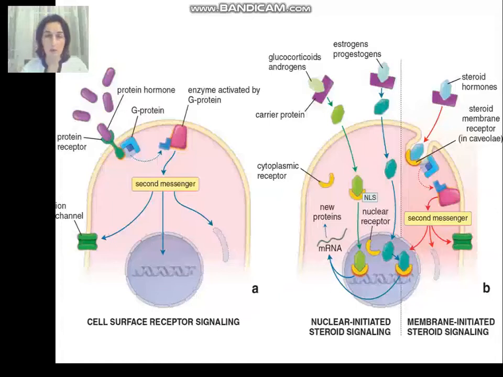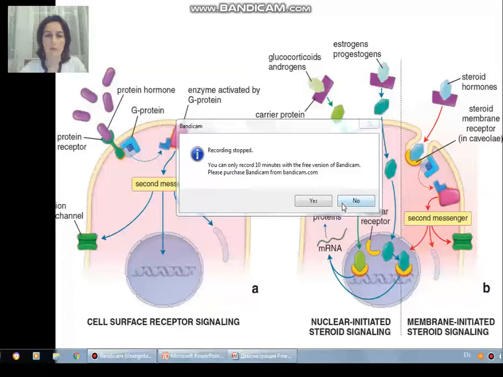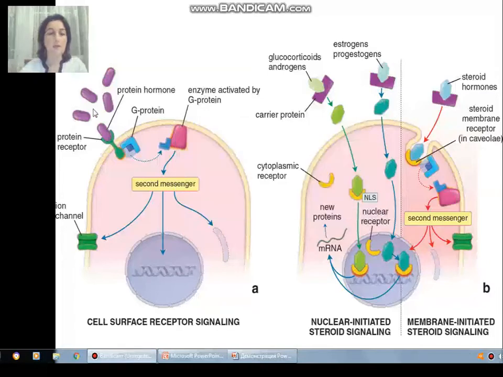As we know, hydrophilic substances cannot pass through the cell membrane. That's why the receptors are located on the surface of the cell membrane, in the membrane of the target cells, because those hormones cannot pass through the membrane.